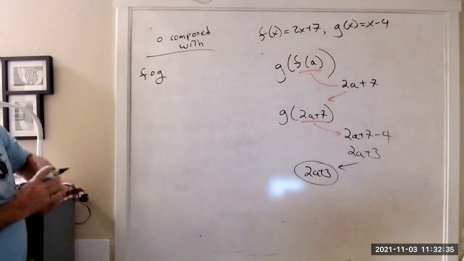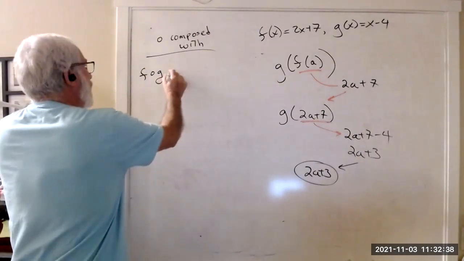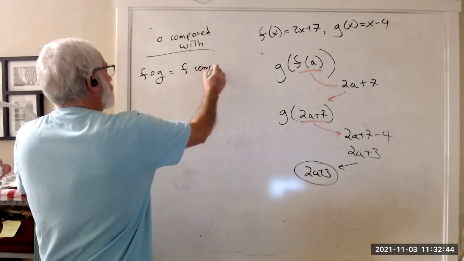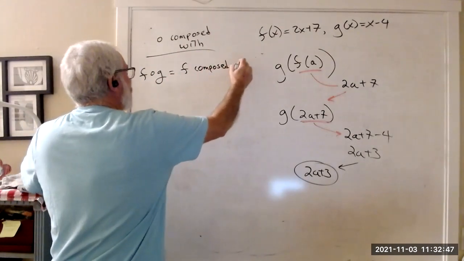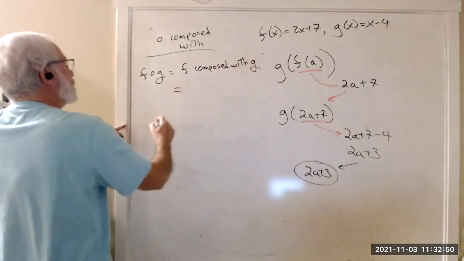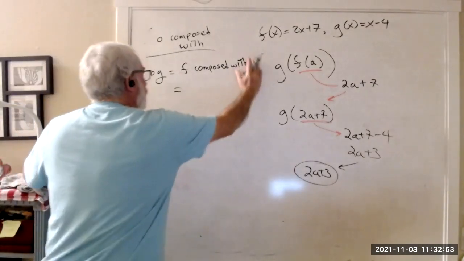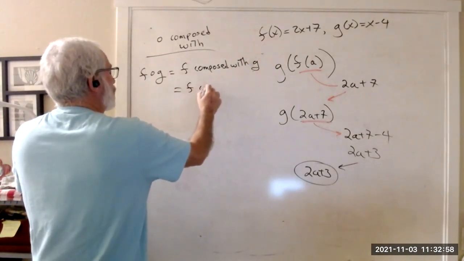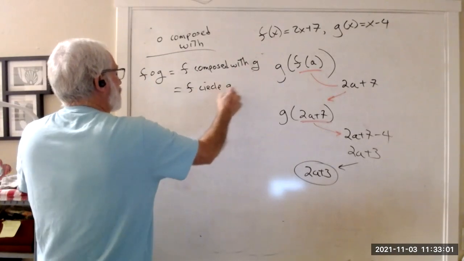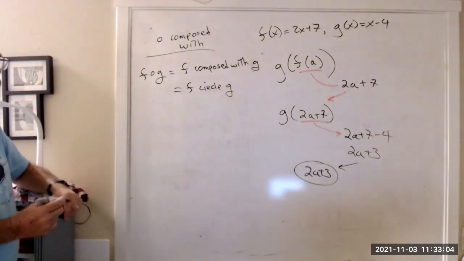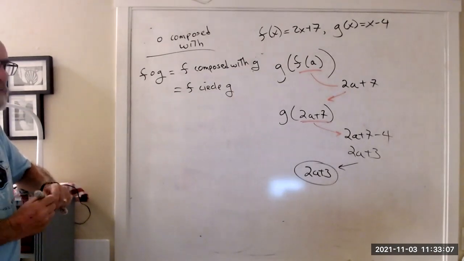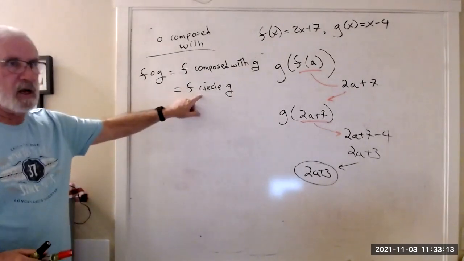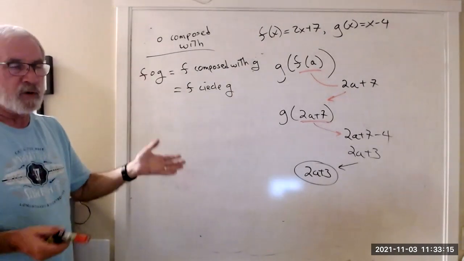Now, depending on the math instructor you pick up, the proper way to say this is F composed with G. Some instructors will just say F circle G. The proper terminology is to say F composed with G. But I would say it's a 50-50 split in the math world.